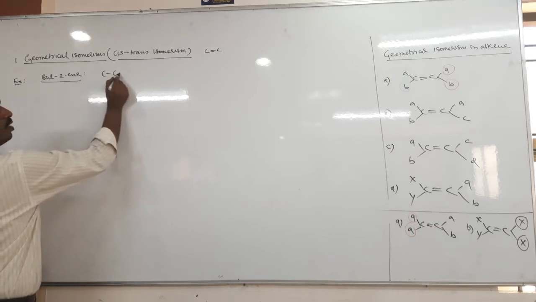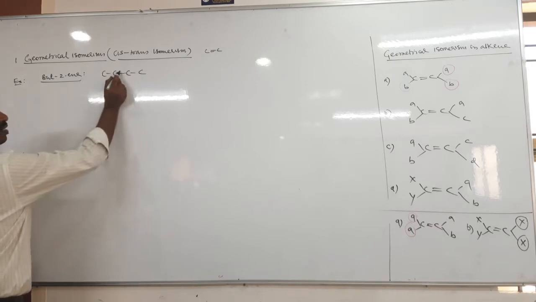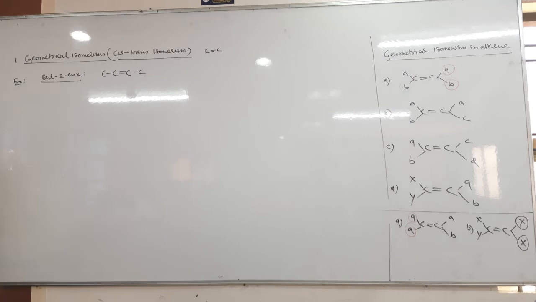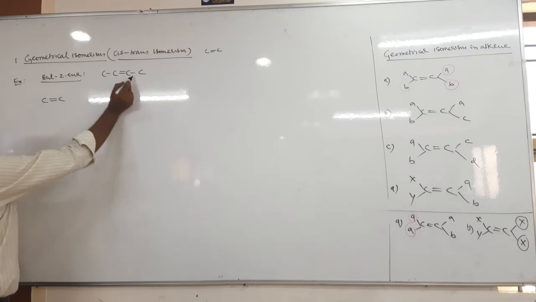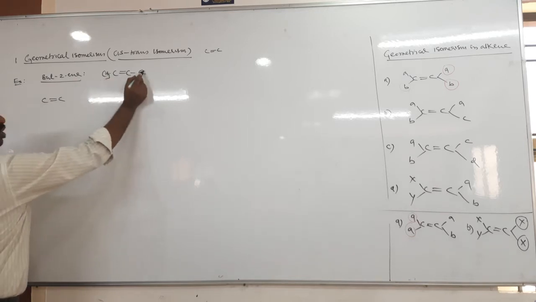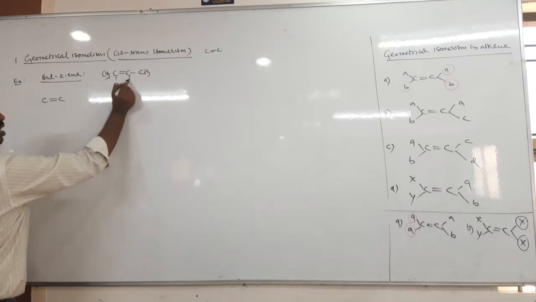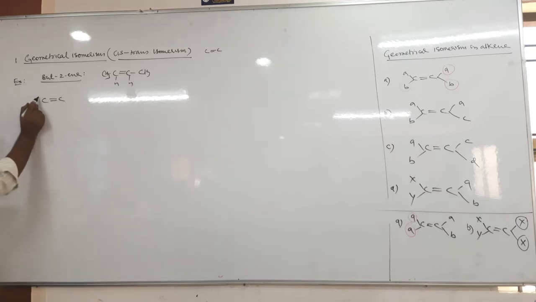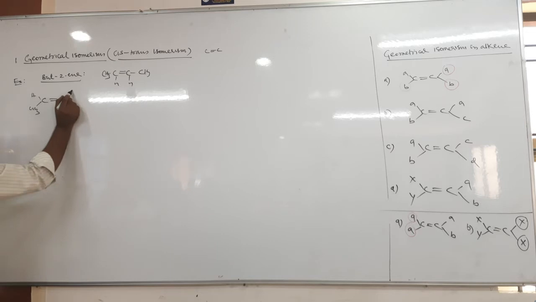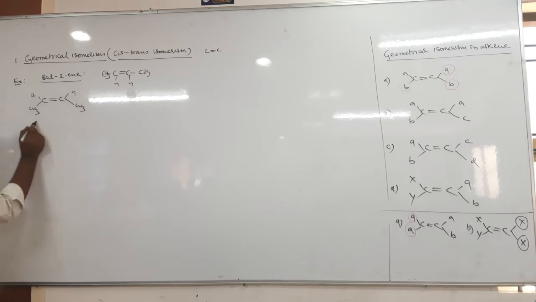How many carbons? 4. 2-ene means double bond on the second carbon. So therefore, write the structure. Carbon double bond carbon, with CH3 and CH3. There should be a hydrogen on each carbon. So therefore, you can write this: H, CH3 on the same side. What is this?